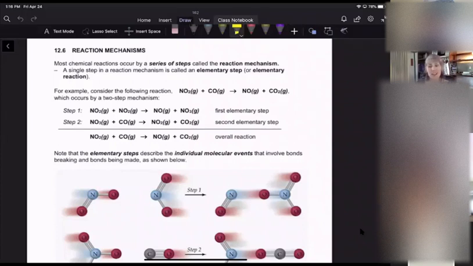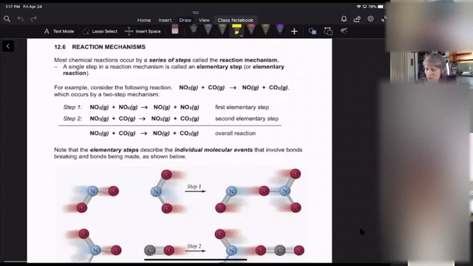And then that NO3 goes on to connect with the CO. The CO has a collision with the NO3 and transfers one of its oxygens to form CO2. So that would be a mechanism that could work because it adds up to the overall reaction. So that's a precondition. We always need our steps to add up to the overall reaction.